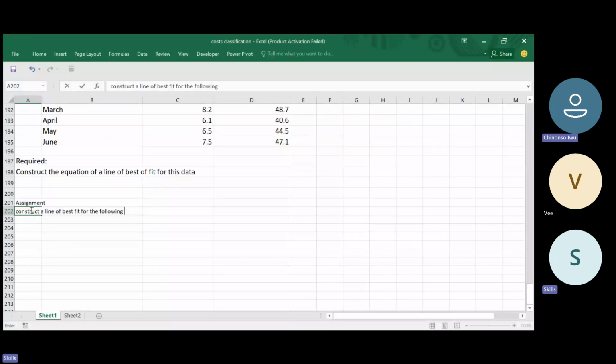You can snap it and send it to me. You can send it at the group chat, no problem. All right, thank you, sir. You are welcome.